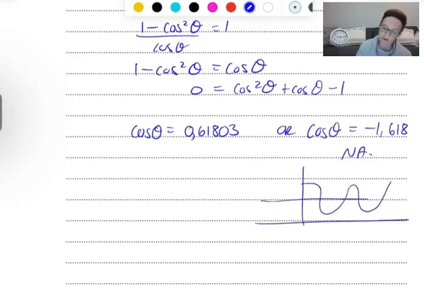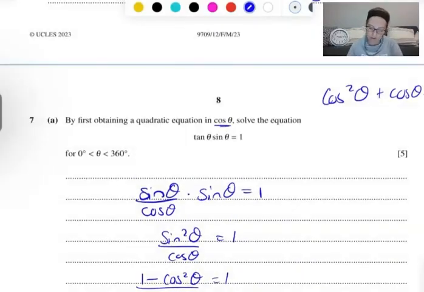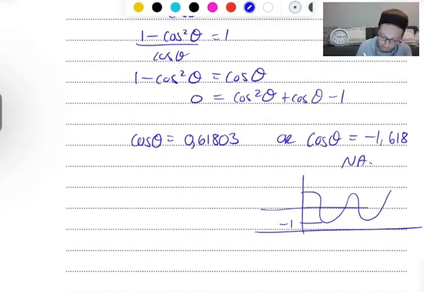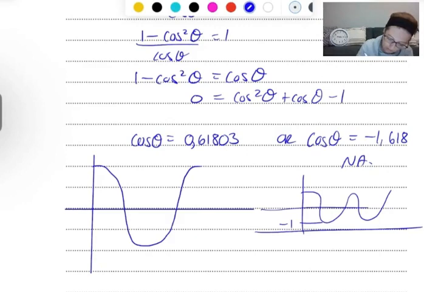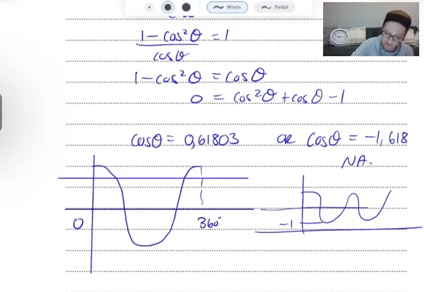This one's not going to have any solutions, because if I look at my cos graph, where does it cross minus 1.6? It doesn't. The cos graph only goes down to minus 1. But this one is going to have answers. Let's just check. I always like to give myself a little bit of a sketch. I want to go between 0 and 360 degrees, and I'm looking at about 0.618, so I can expect to have 2 answers within this interval.